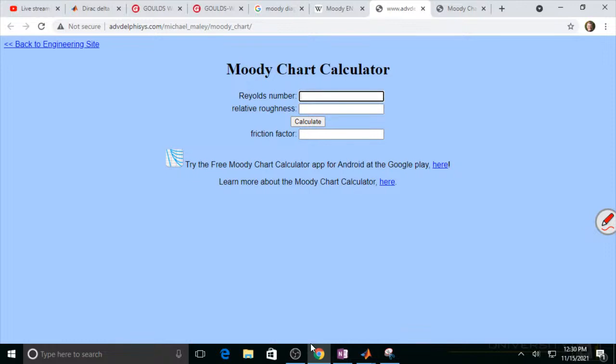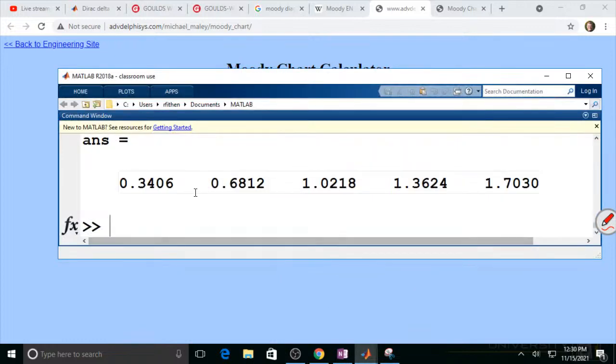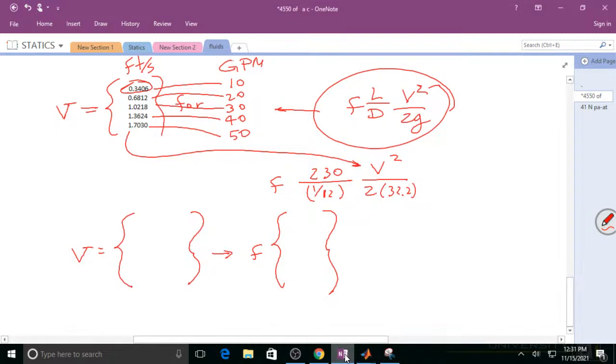Okay, so I need to find Reynolds number. So given the velocity, here, I did not specify that being the velocity, but I will now. That's the velocity. Now, the Reynolds number is nothing more than rho times velocity times diameter of the pipe over mu. So that's the 1/12.